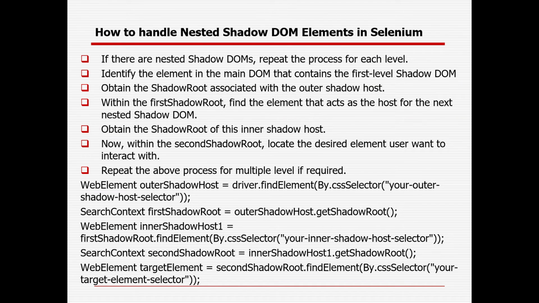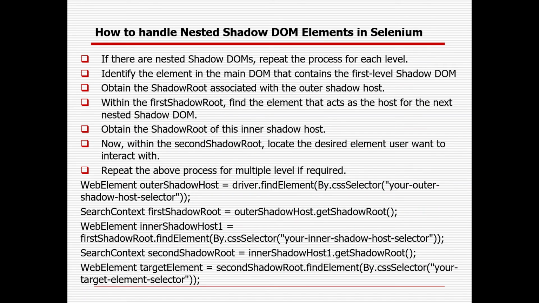In case two or three multiple levels are there, so second inner shadow host and second inner shadow root, third inner shadow host, third inner shadow root. In case your third is the final one, then with the help of that you can identify your main web element, and based on the element locator types, you can act accordingly. So if there are nested shadow DOMs, repeat the process for each level.